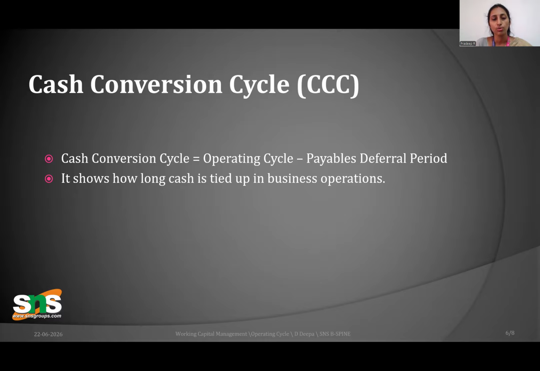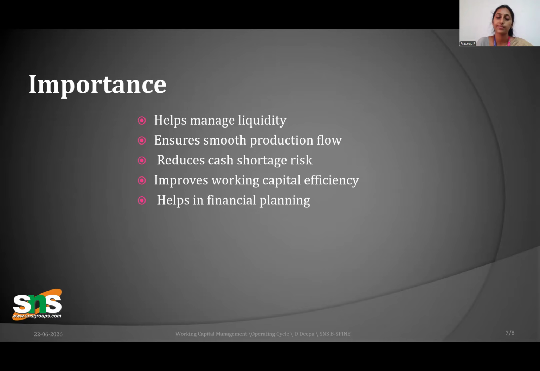The formula is operating cycle minus payables deferral period, that is the time duration. It tells how long cash is tied up in your business, and that is called the cash conversion cycle.